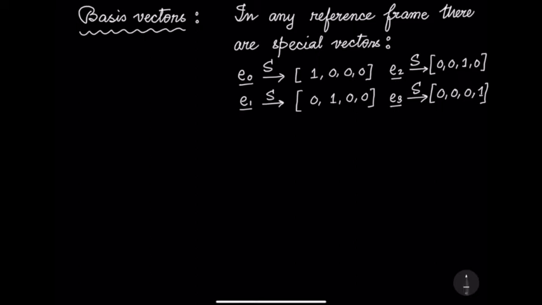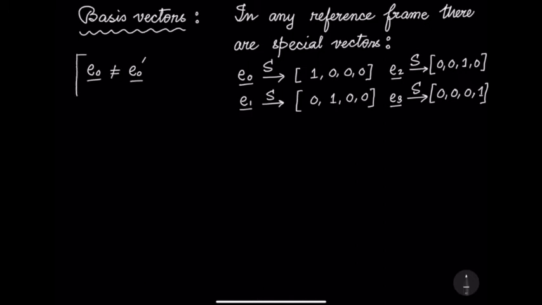Now, the components of the basis vectors: it may look like this vector is 1, 0, 0, 0, and if I write it in a different reference frame, the vector will still be 1, 0, 0, 0. But it doesn't mean that if I take a basis vector E0 and, in another reference frame, the basis vector E0 prime, they are the same.